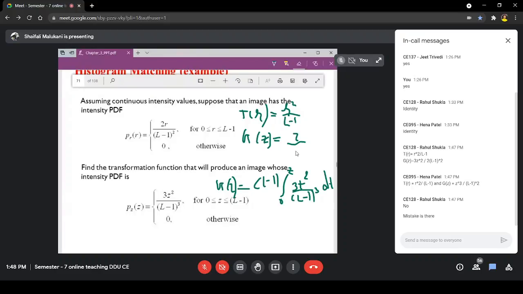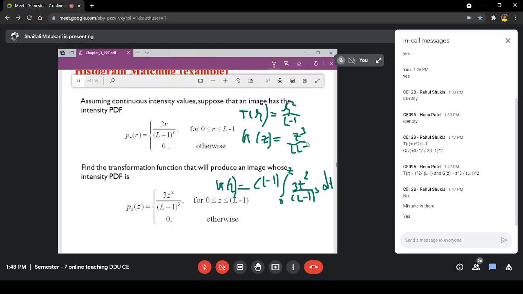Give me the final answer. Z cube divided by L minus 1 square, till then I am assuming it is so. Verify and let me know if it is not correct. Okay, so assuming that it is right, fine. So you found your mistake, right, Rahul?